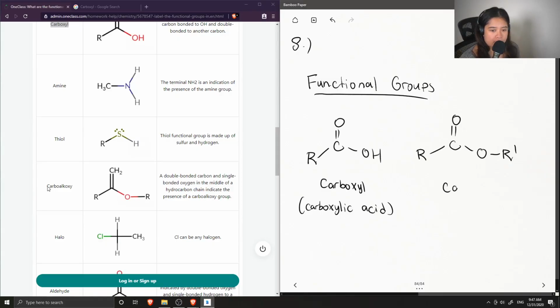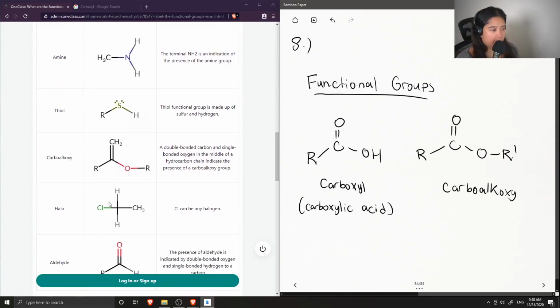So this is carboxyl alkoxy. So I'll just take note. Maybe it was just a typo.